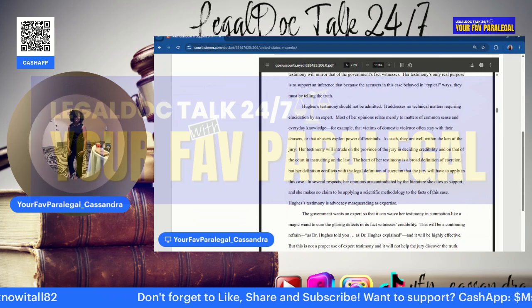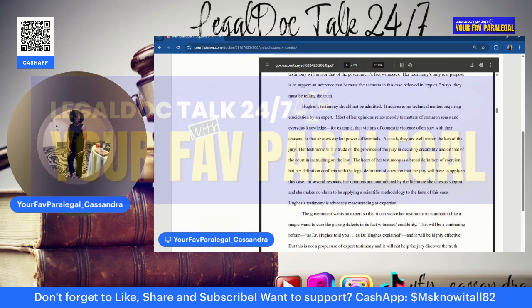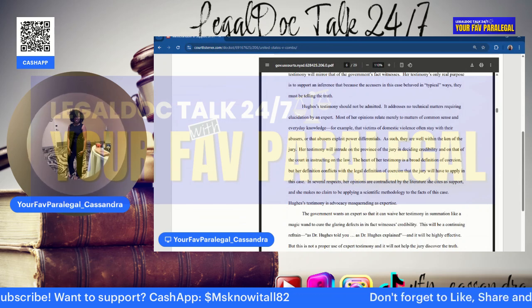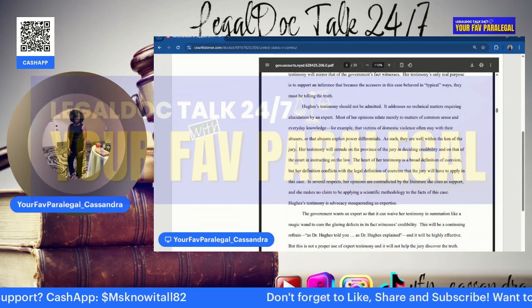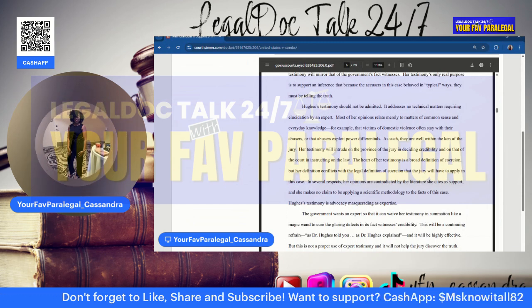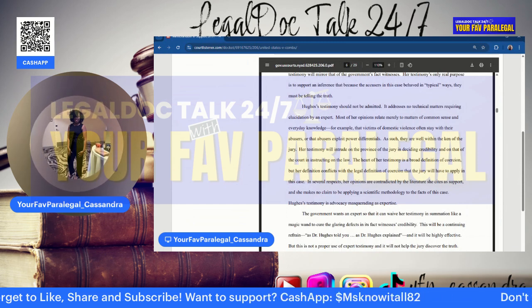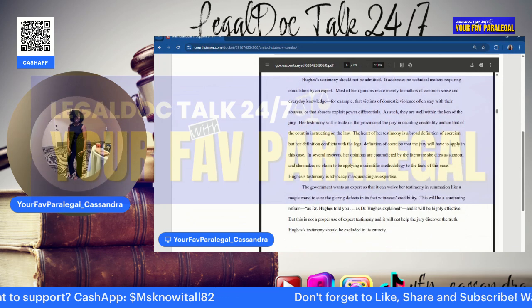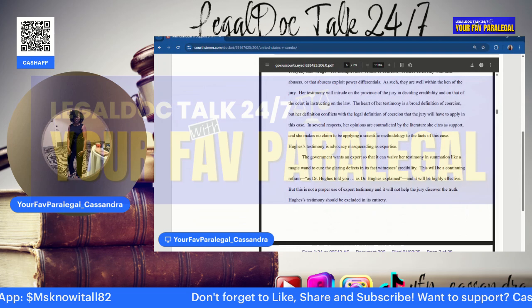In several respects, her opinions are contradicted by the literature she cites as support and makes no claim to be applying a scientific methodology to the facts of this case. Hughes' testimony is advocacy masquerading as expertise. Oof.